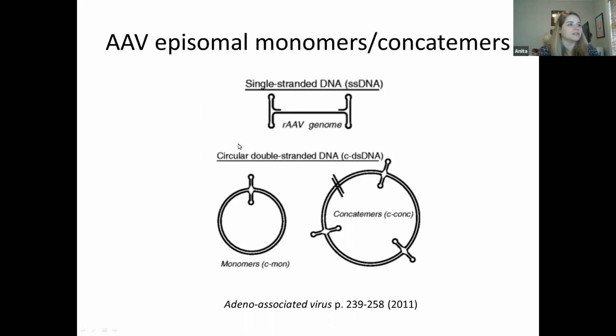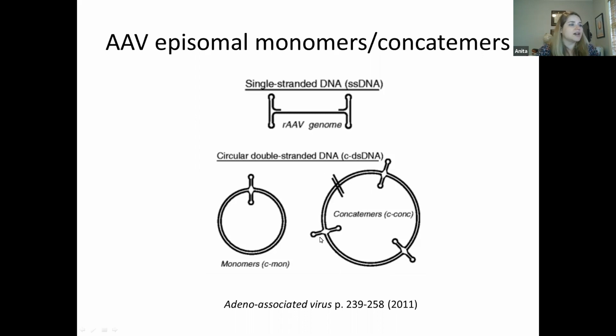Because there's suppression of integration, they can either become monomers or they can become concatemers. So several copies of one AAV can concatemerize. This one here shows 3, but I think it's not necessarily known how many can associate.